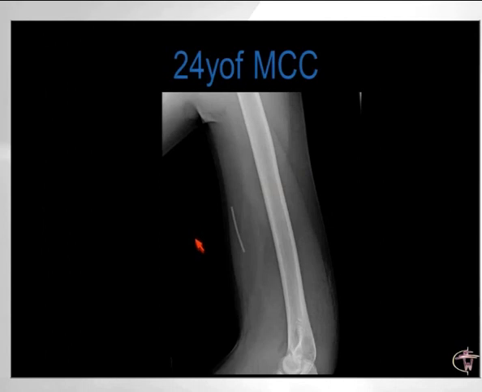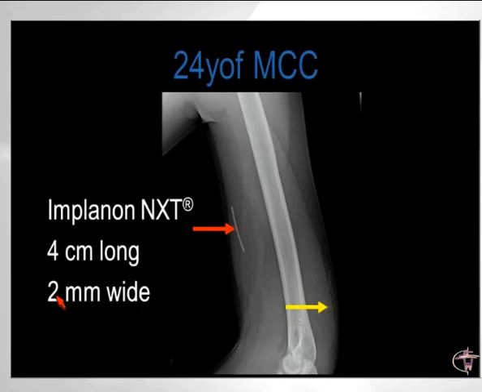And then when we consider this 24-year-old motorcyclist who hurt her elbow, we see that she has soft tissue swelling at the level of the elbow, no fracture. You do not want to mistake this tubular structure for a retained foreign body, because, well, this is a foreign body, but it is there for a reason.